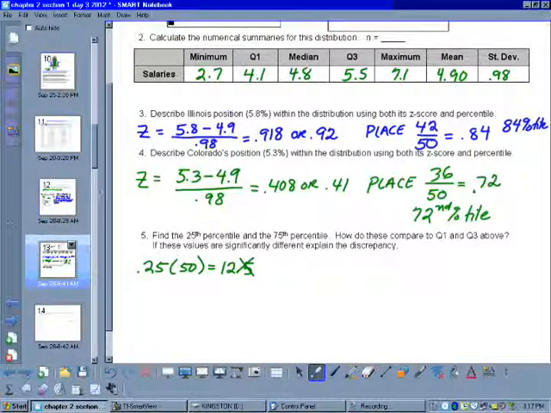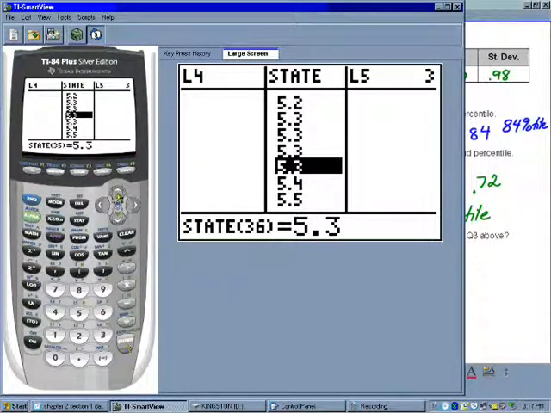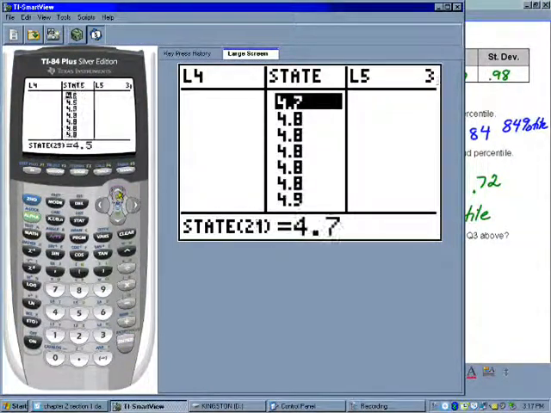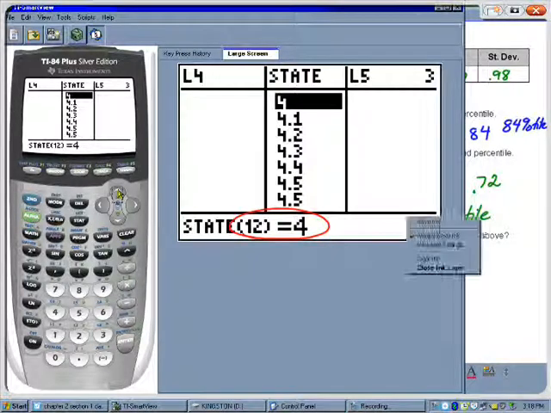I am seeking the data in position 12. If I use my calculator and go to the 12th position, we can see right here that in the 12th position is a 4% unemployment rate.